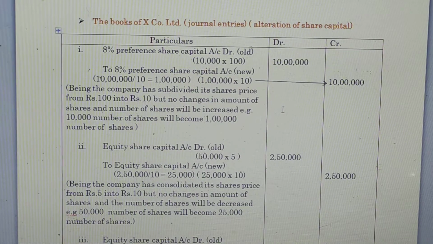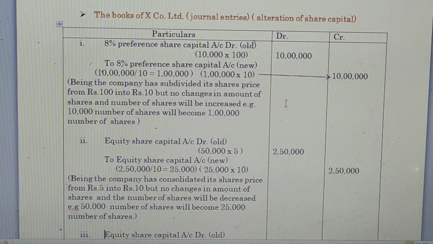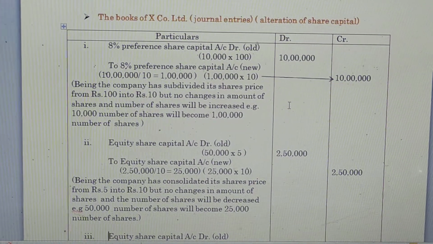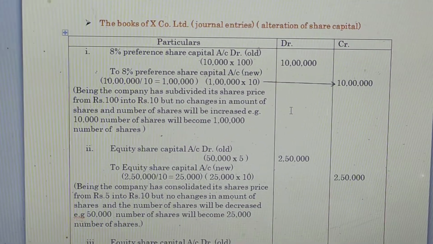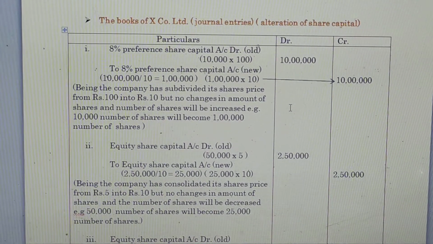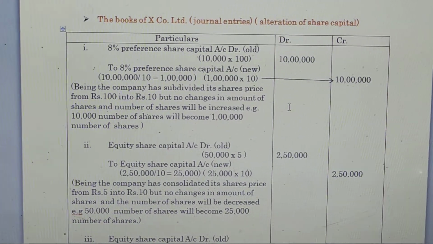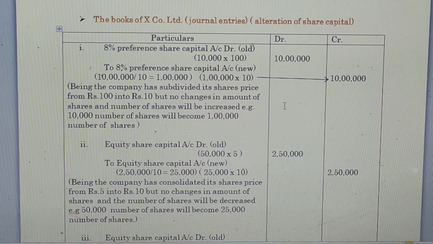No changes in the amount of shares. In bracket, 2,50,000 divided by 10 equals 25,000. It means 10 is the new value of equity shares and the number of shares is 25,000. So 25,000 multiplied by 10, the amount is rupees 2,50,000.